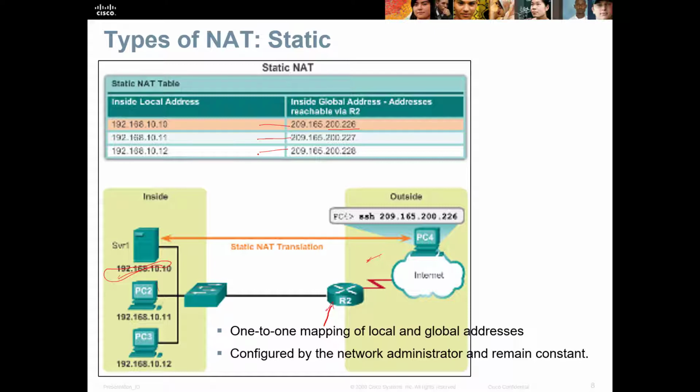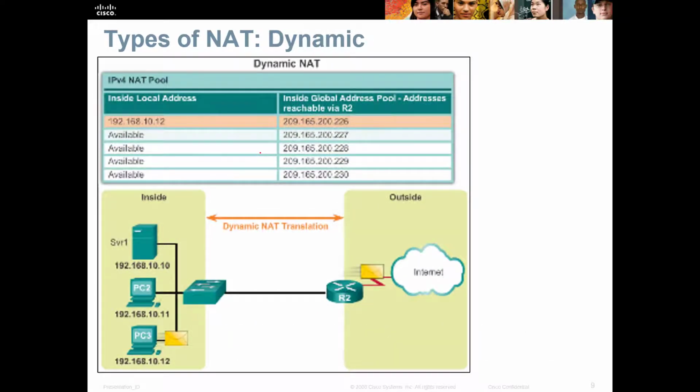Okay, so this is really just a static address translation. You haven't gained any address space. You haven't leveraged any of that space. You might have gained some security, though, because you changed the identifiers of inside addresses.